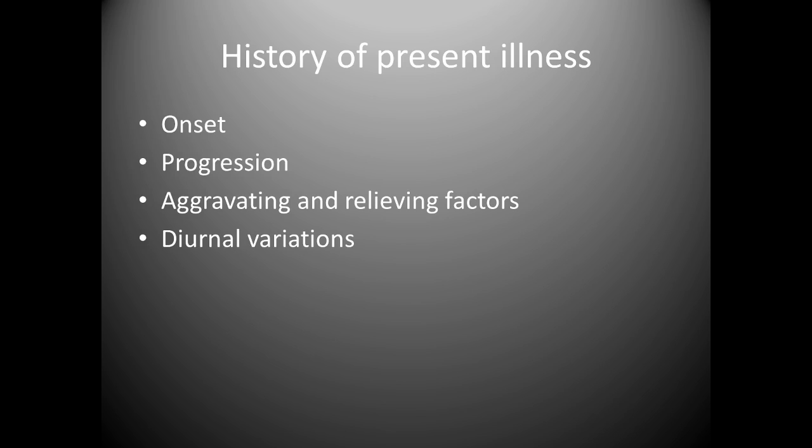In the history of present illness, we ask about the presenting complaints and follow the same chronological order. We describe the symptom which appeared first, and move on to those which appeared later.